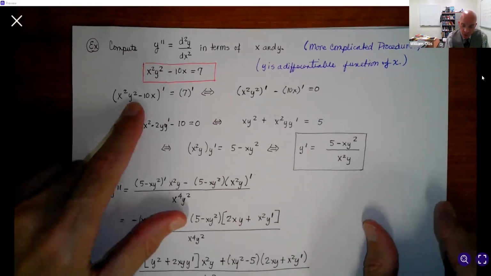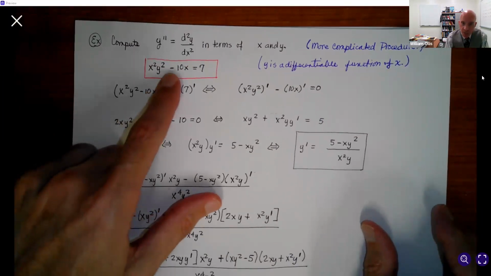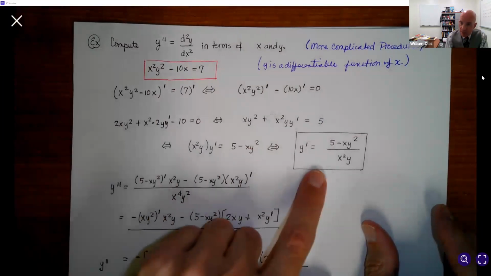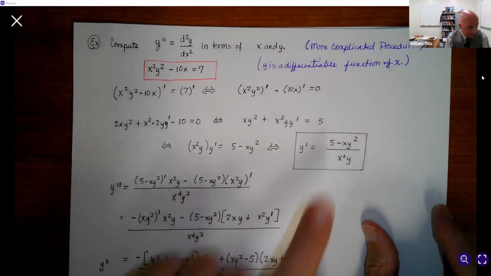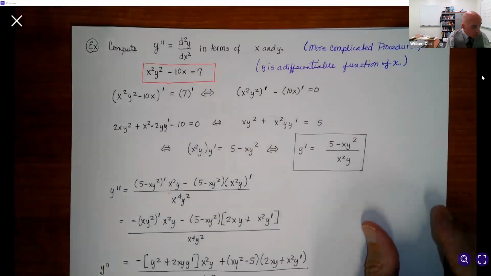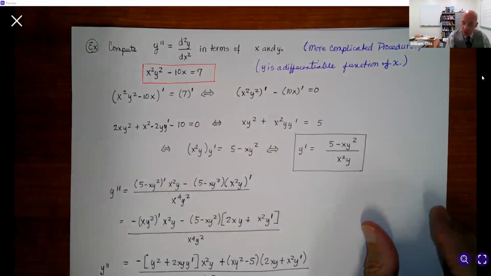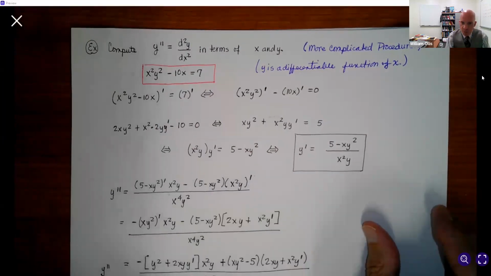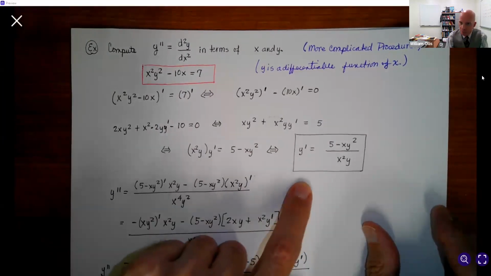And what I've chosen to do is to just differentiate it as it is. And we get this. Now, what I want to show you is we can actually do this another way. This is certainly equivalent, and you end up with lots of algebra to get y prime, and it's doable. That's one way.